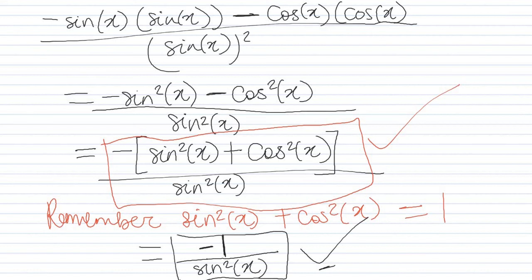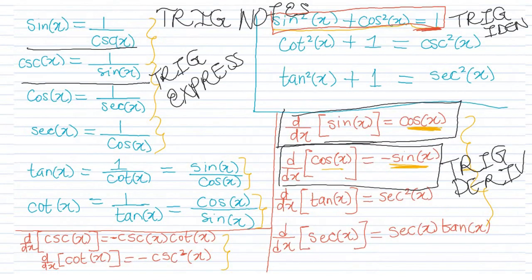So 1 over sine squared of x is the same thing as 1 over sine x multiplied by 1 over sine x. So therefore, 1 over sine squared x, if we look at our trig notes, is going to be the same thing as cosecant x multiplied by cosecant x.